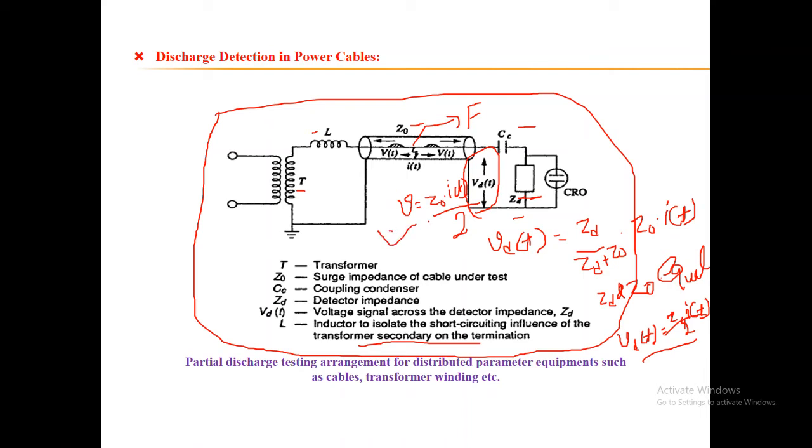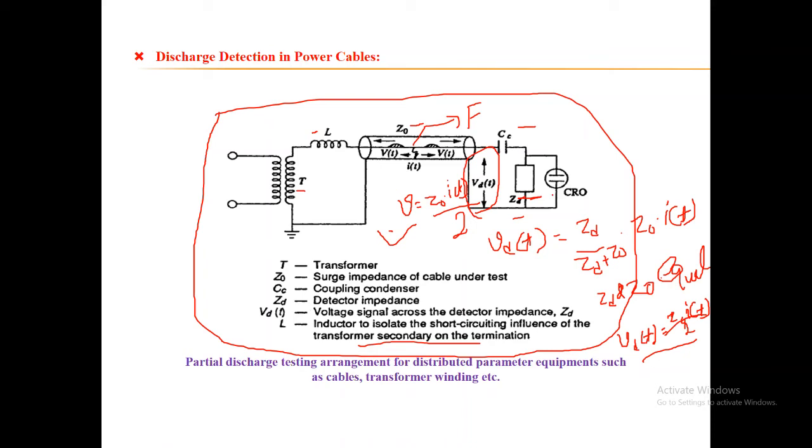Okay, Vi. So if the partial discharge site is located exactly at the middle of the cable, the traveling wave moving to the left is reflected without any polarity change at the open end and then arrives at the detection impedance Zd, separated from the direct pulse by a time equal to the cable transit time tau.